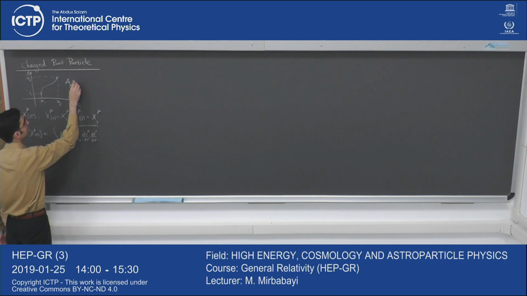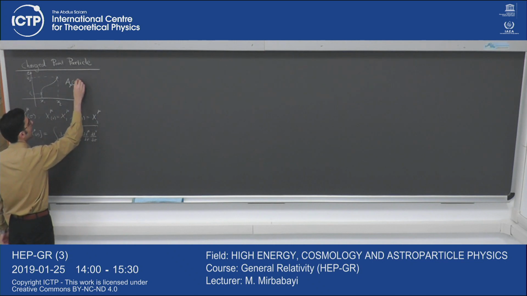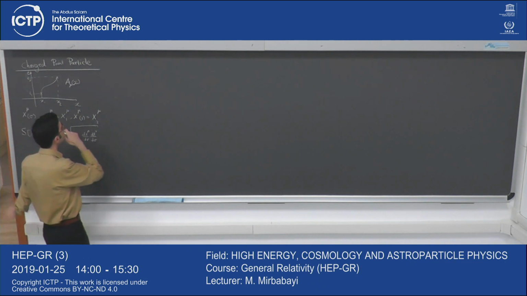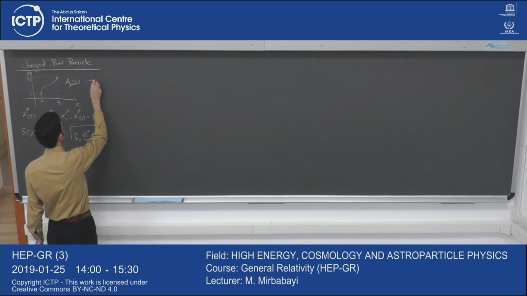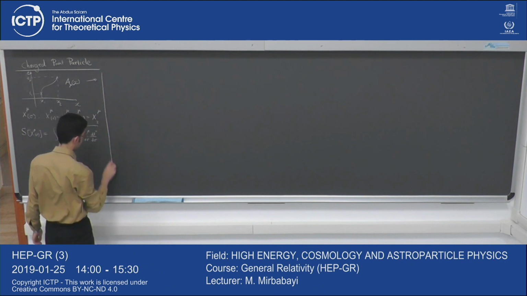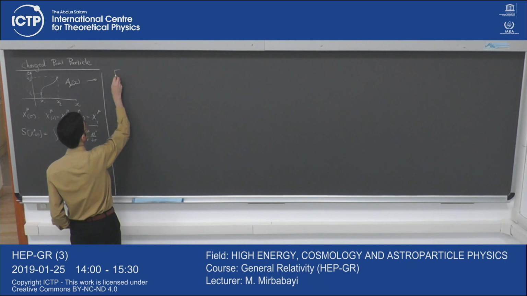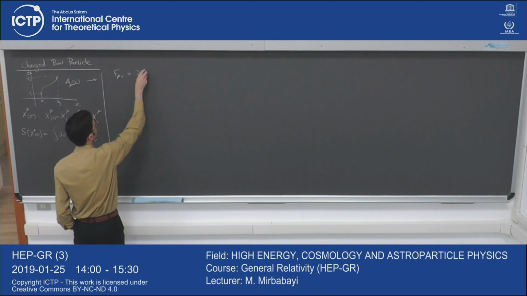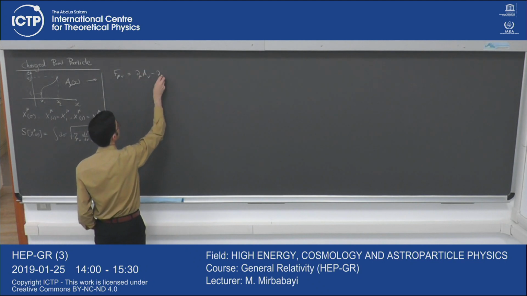I assume you have seen the fact that the electromagnetic field can be described by a potential, by a 4-vector A mu, in terms of which the field strength F mu nu is given by d mu A nu minus d nu A mu.